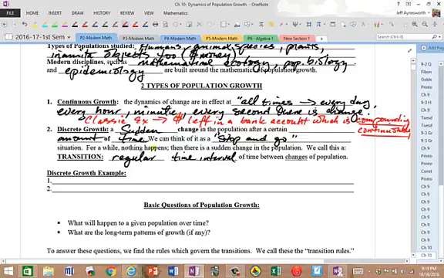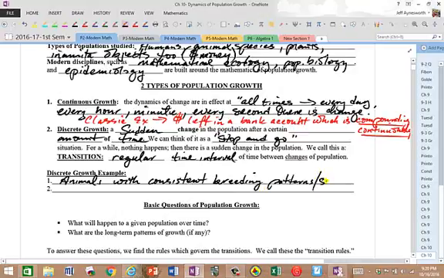So examples of this type of growth: animals, and that's including us, by the way. Animals or people, animals with consistent breeding patterns, and that includes us too, by the way.